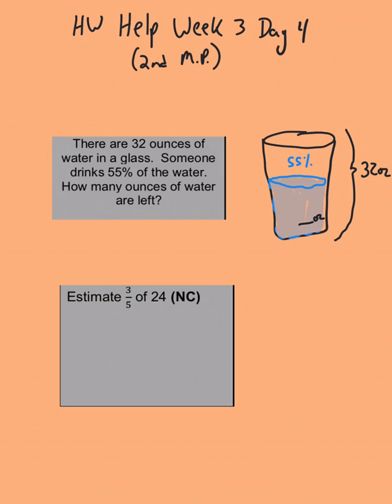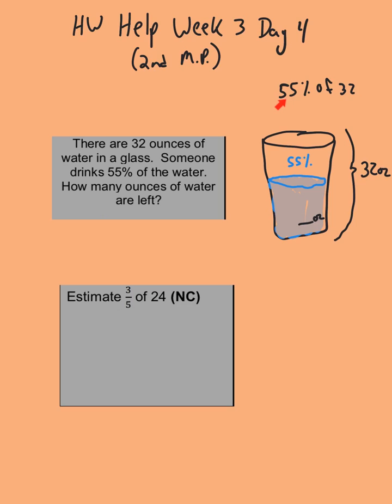Now there's two ways to do this. One is to figure out what 55% of 32 is. When we figure that out, that's going to tell us how much someone drank, because remember it says someone drinks 55% of the water. So this empty spot here, we'll figure out how many ounces that is.